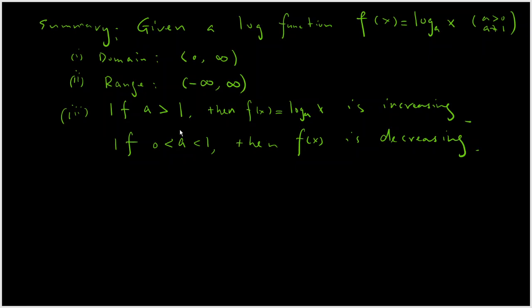By increasing, we mean from the left to the right, you are going uphill. By decreasing, we mean the graph of the function from the left to the right, you are going downhill.